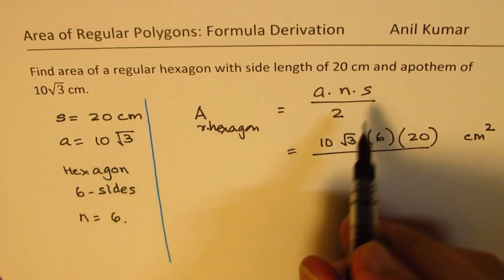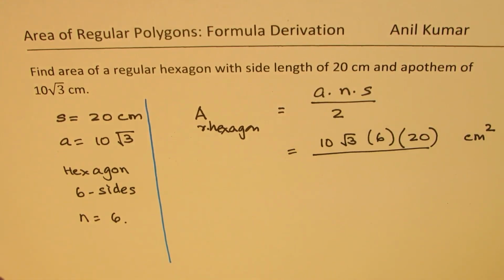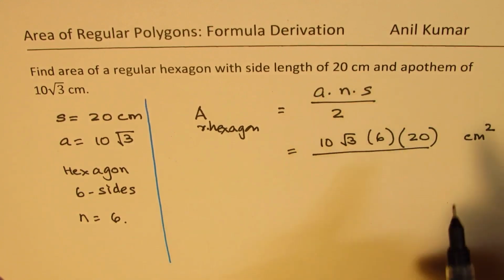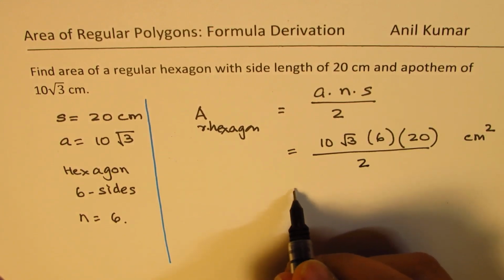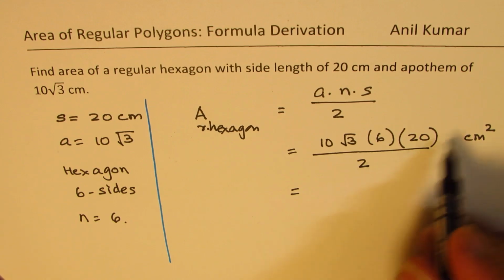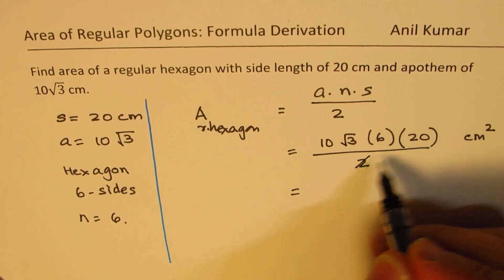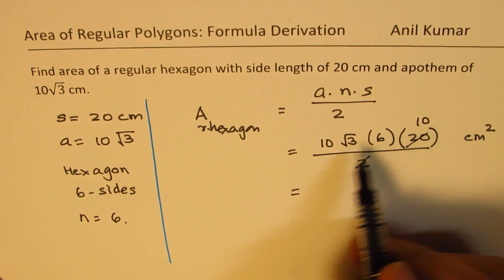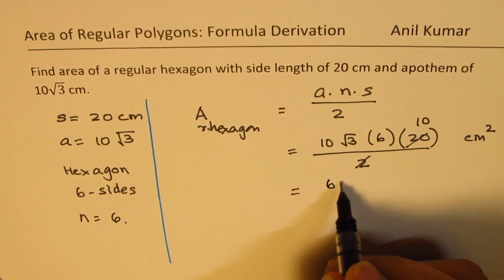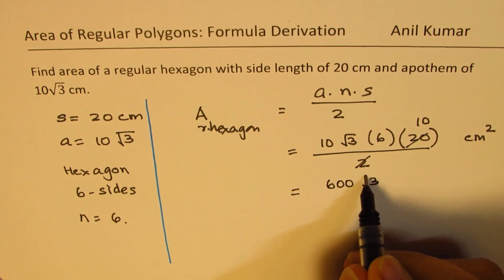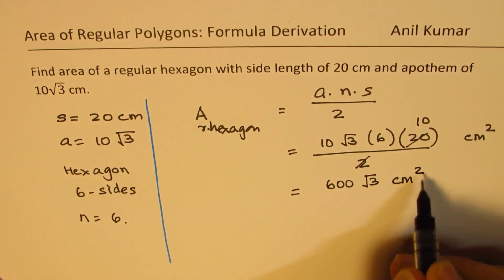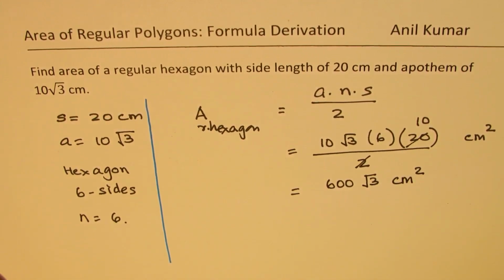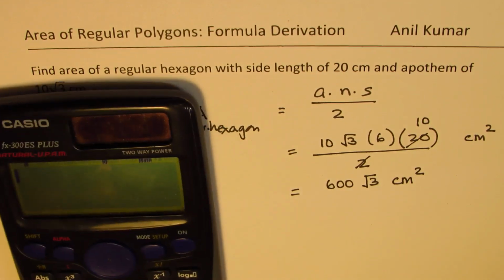We are multiplying these, right? N is the number of sides, A is the apothem, and S is the side length. Divide by 2, correct? So now it's easy to calculate. You can actually divide it by 10, and 10 and 10 is 100, so 600 square root 3 centimeters square, right? So that's how you could calculate the answer.